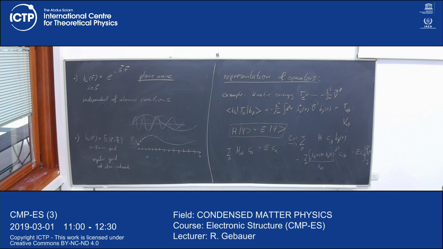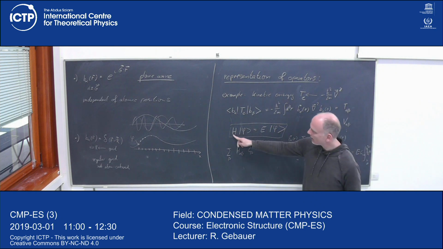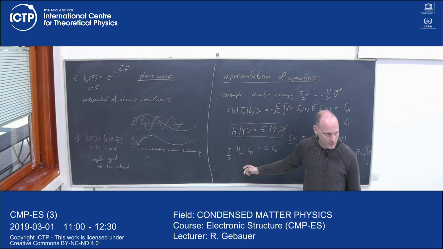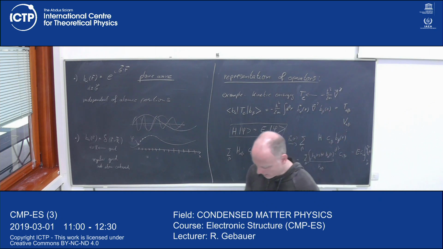Okay, so this here is how we go if the Hamiltonian is a single particle Hamiltonian. In this way we go from an eigenvalue equation to a matrix equation. Okay? And this we can deal with in a computer.